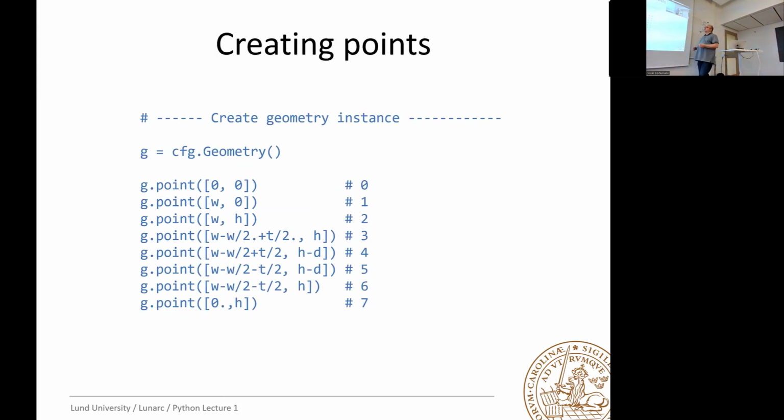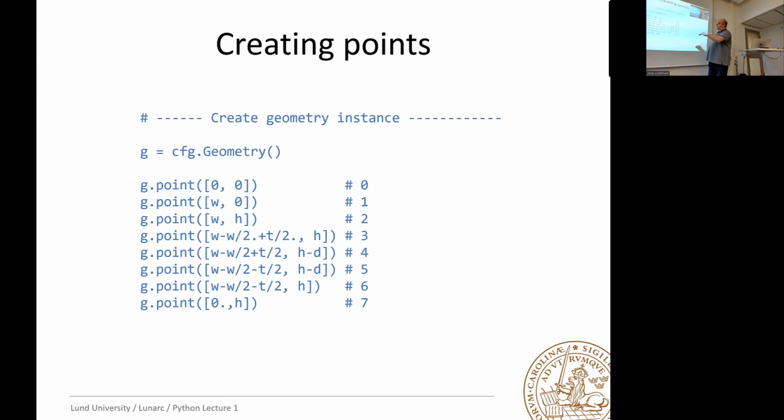Then we start by creating a geometry object. This is a geometry, it's a class, and in the first statement here, we create a geometry object. You can see this as a database, and it has several methods to define our geometry. So to create a point, we just call g.point and specify the coordinates here, 0 by 0 here.